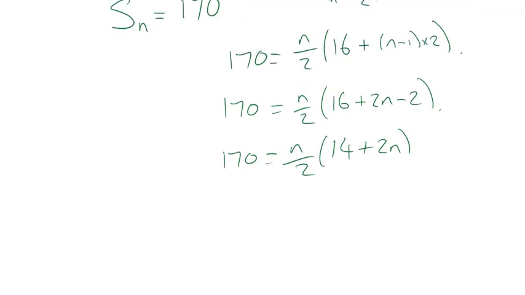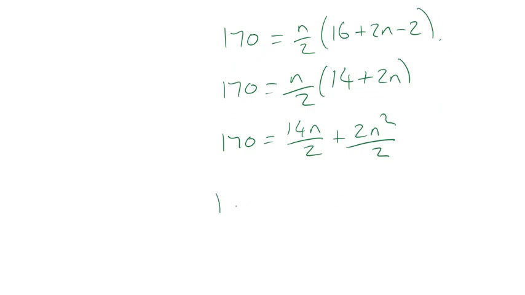And I think we can expand that now. Let's write it out so you can all see that. So we're going to have 14n over 2 plus 2n squared over 2. And this is going to give us 170 is equal to n squared plus 7n.